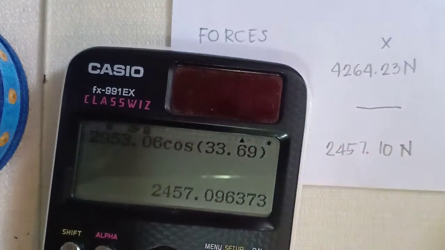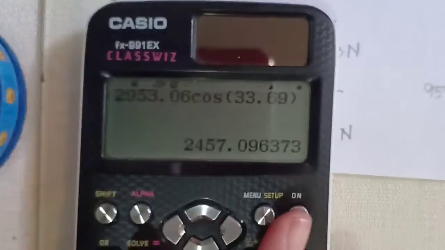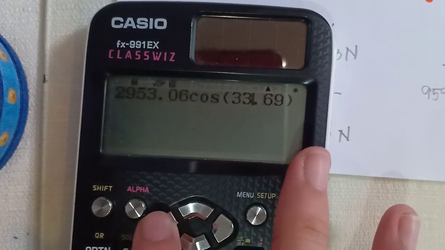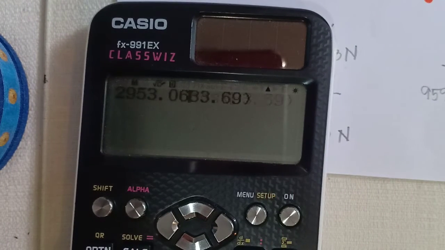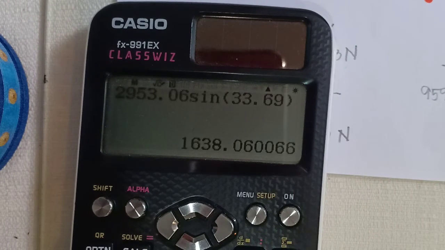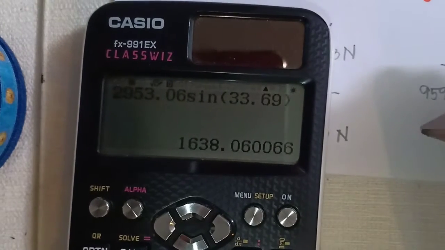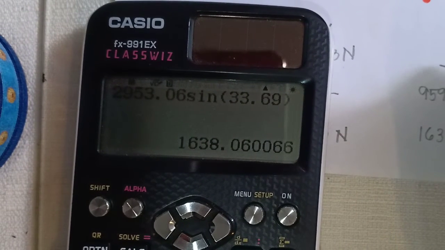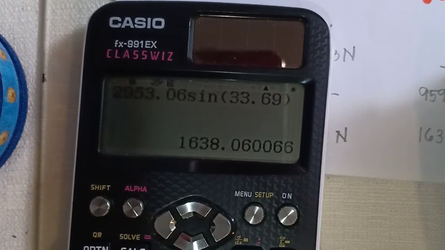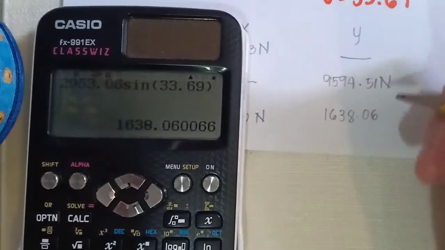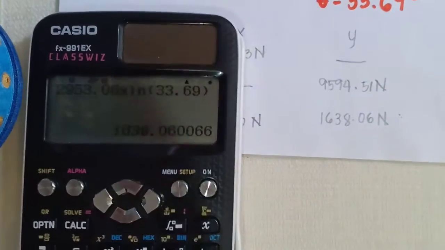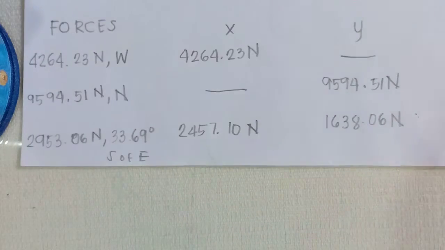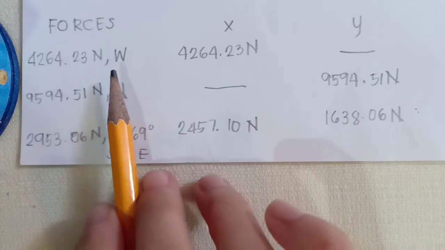And then for y, sine. That would be 1638.06 N. Then, I forgot, it is west, meaning negative.